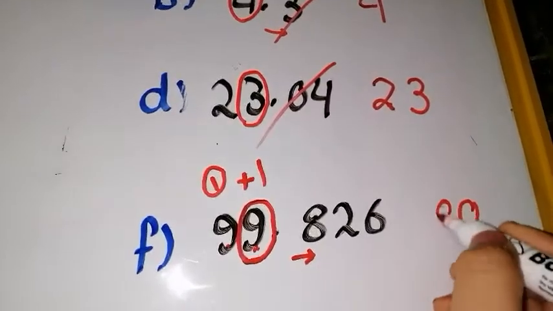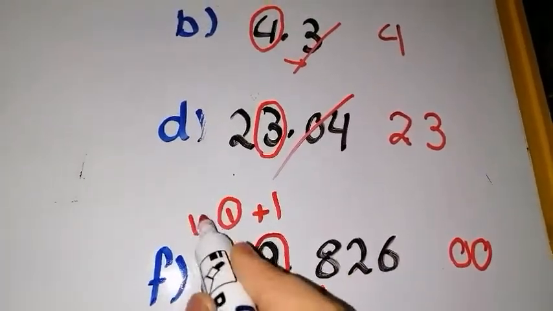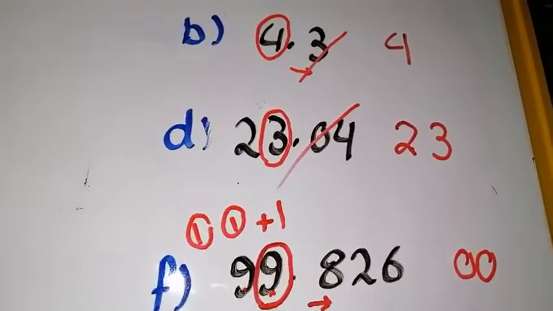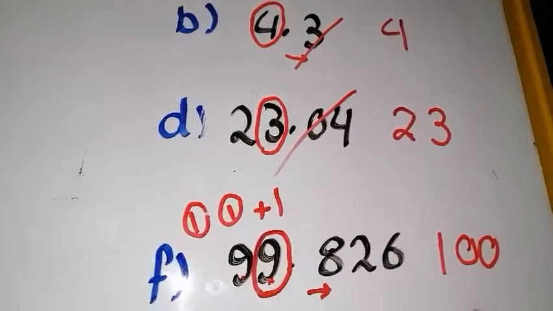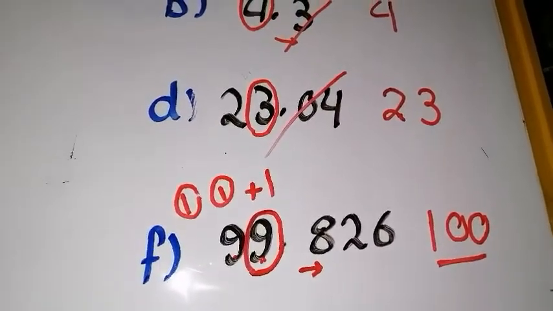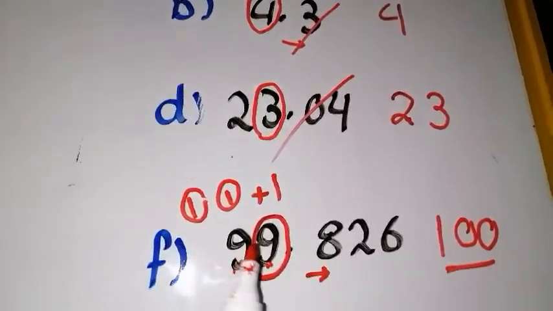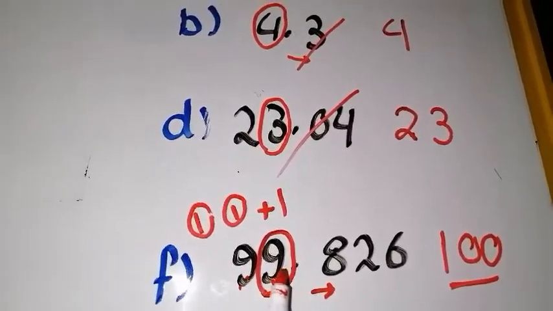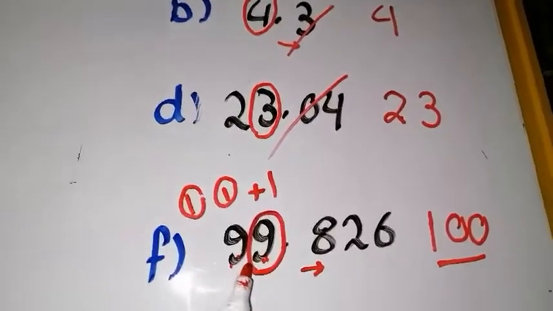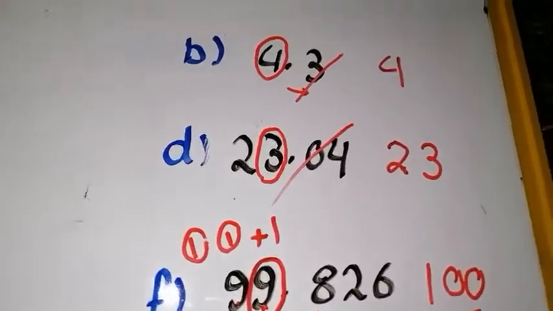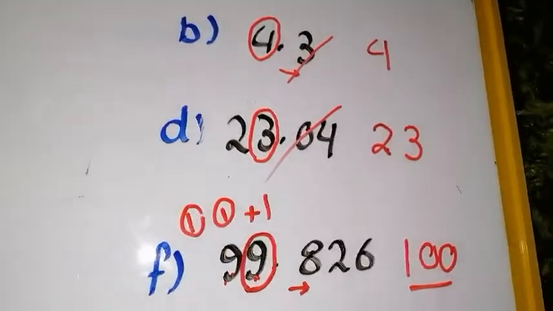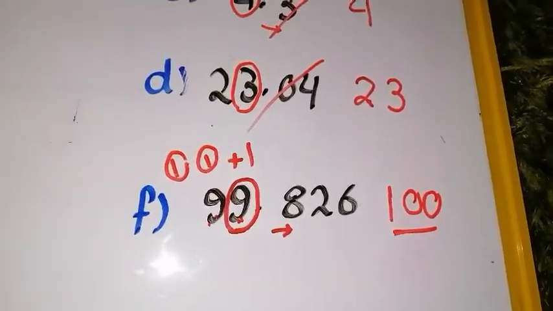So I will put 0 again and take the 1 with me to the hundreds place. Nothing in the hundreds place, so it will be alone here. The number will be 100. As I told you, 99, when it grows with one more, will be 100. Okay, so just concentrate. Once you find 9s, you take care. Okay, now this is the last for these exercises.